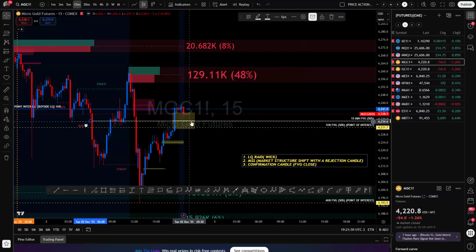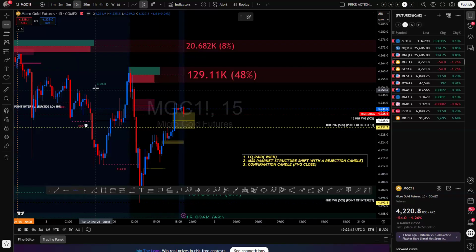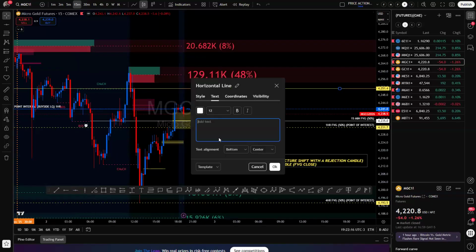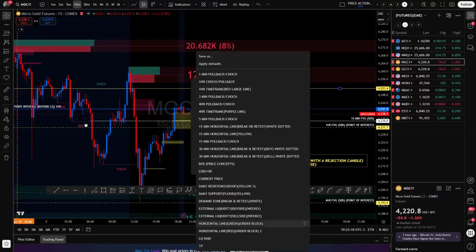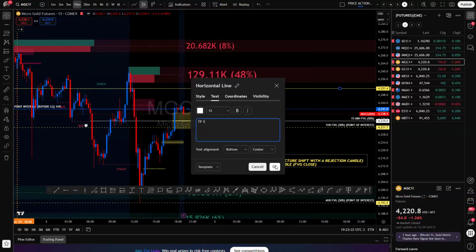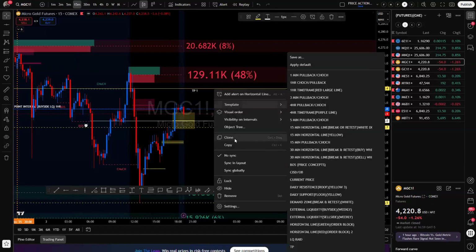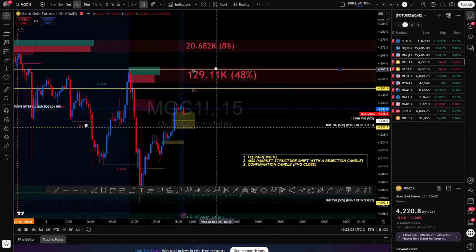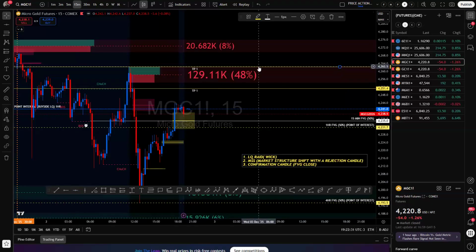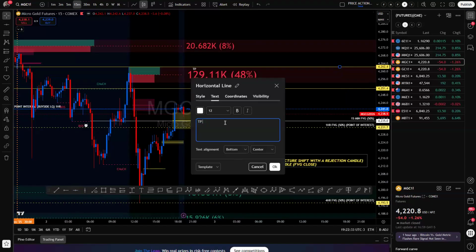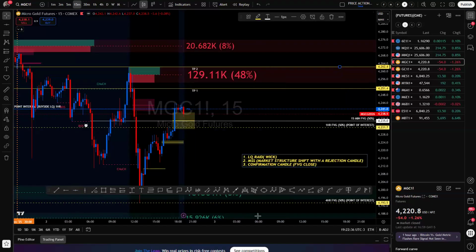We're looking for price to really raise this bullish fair value gap. And then if we get a fair value gap close, we'll probably target this high, possibly maybe even this high. So we're going to make this TP1. Make this TP2. That's going to be the goal.